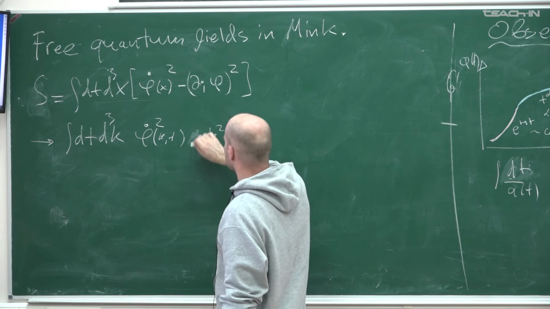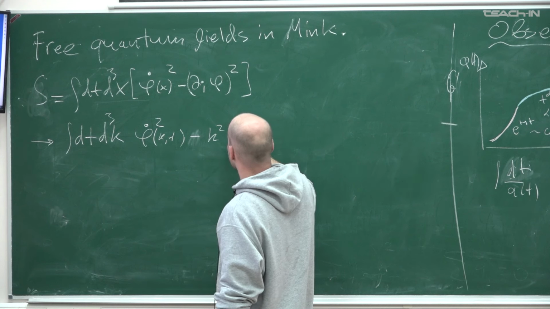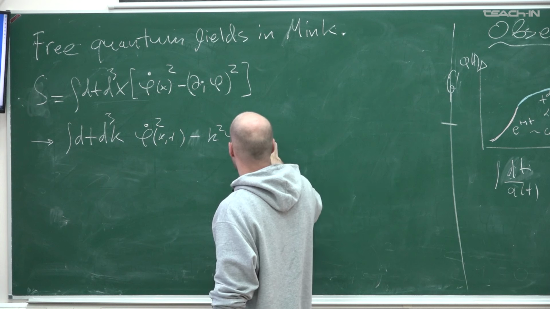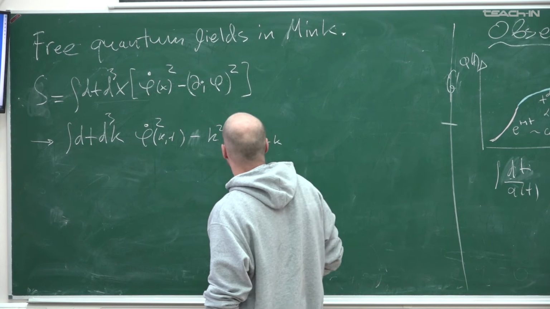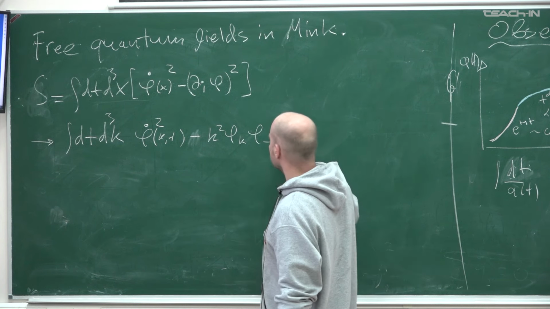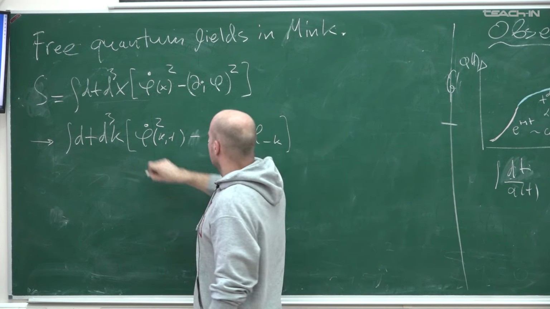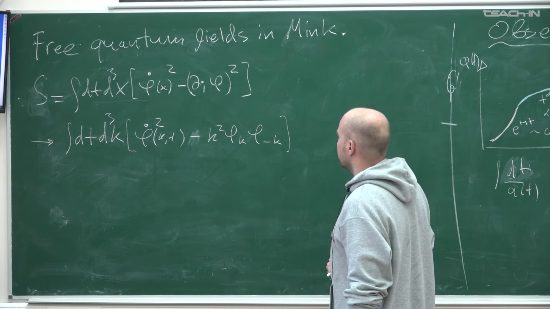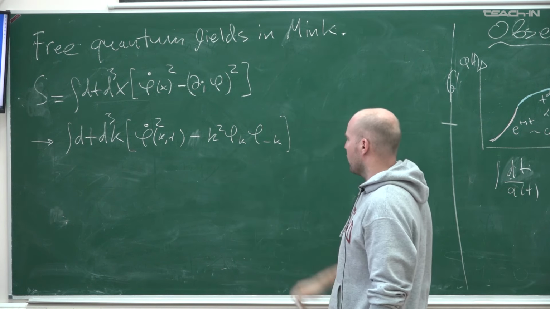No, it should still be minus, right? Minus k squared phi k phi minus k. Okay, good. So here I just Fourier transform, and so here it's more clear that it's harmonic.